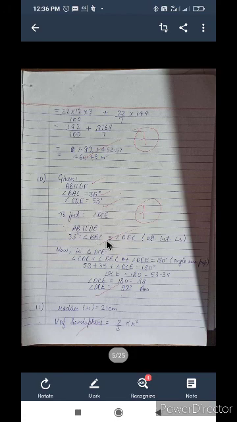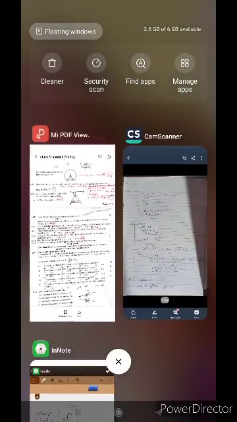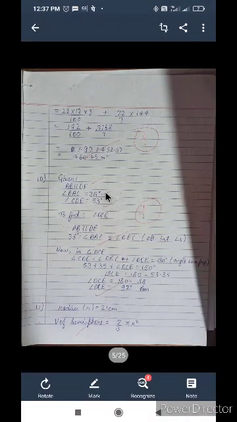Now in triangle DCE, angle E is 35, angle D is 53, and angle C we have to find. Applying the angle sum property, angle C plus 53 plus 35 equals 180. So angle C is equal to 180 minus 35 minus 53, that is 92 degree.